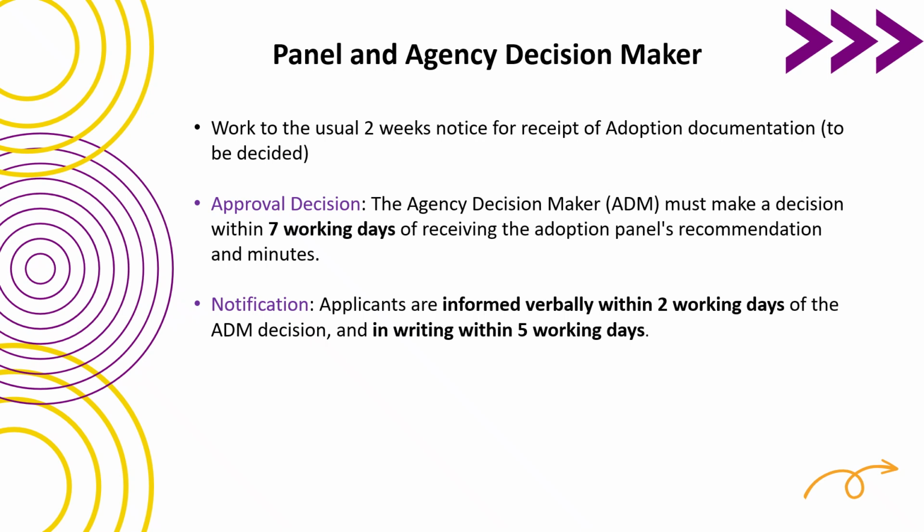Then what happens is the prospective adopters will have a date for panel, and normally panel documentation is received 2 weeks before the panel date, and then you've got the approval decision by the agency decision maker, and they have to approve within 7 working days of receiving the adoption panel's recommendations and minutes, and then the prospective adopters need to be informed.